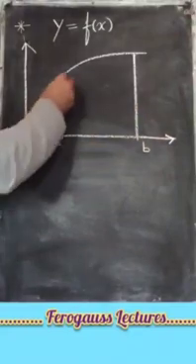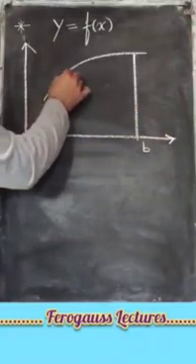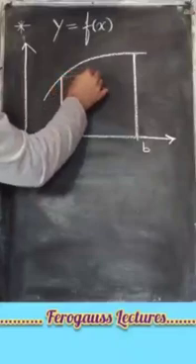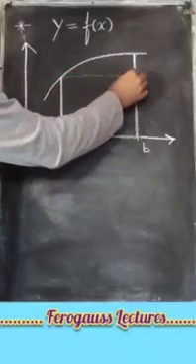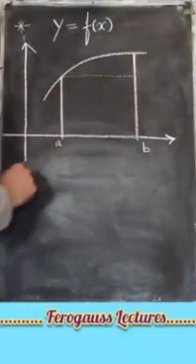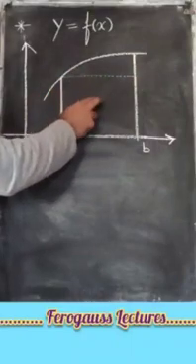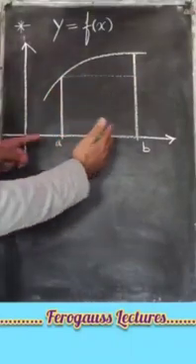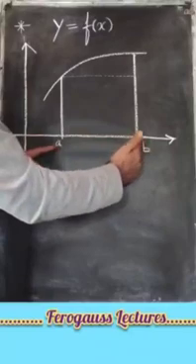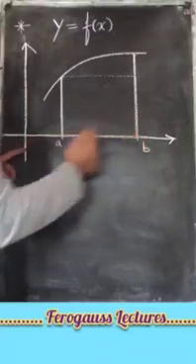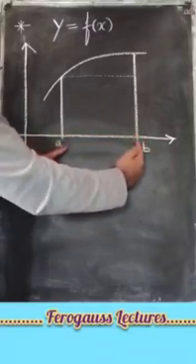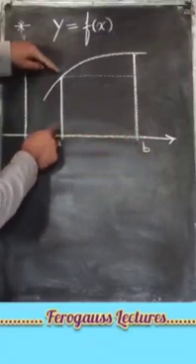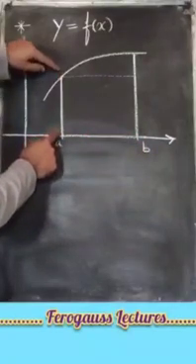Now we complete a rectangle here. Now we can easily find the area of this rectangle as this side is equal to b minus a, the length of this side, and the length of this side is equal to f(a).